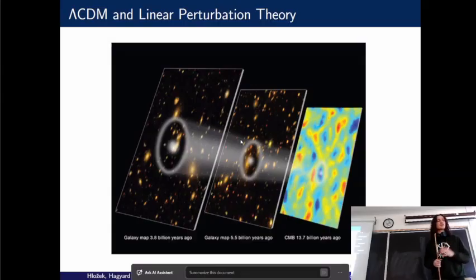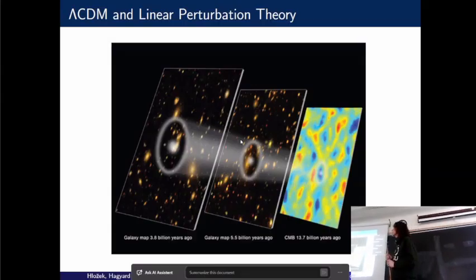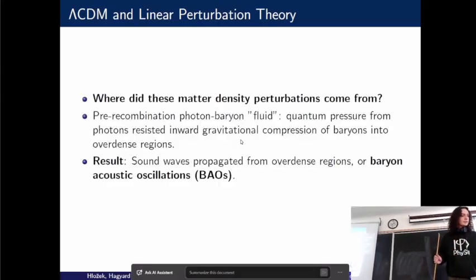So this relationship between temperature and density gradient is very important because it gives way to what we call baryon acoustic oscillations.